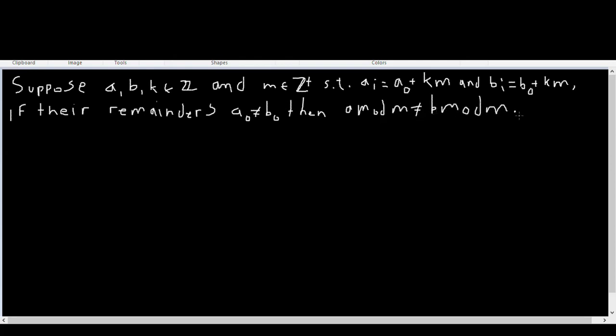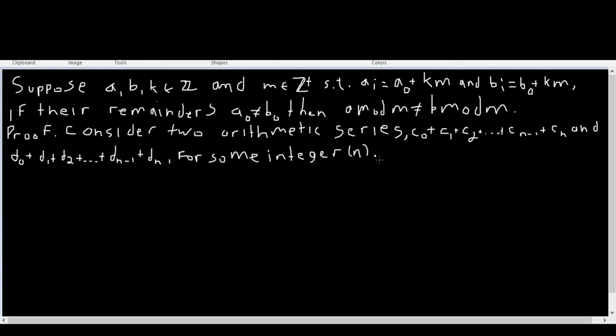So if their remainders do not equal each other, then A mod M can't equal B mod M. So let's do a proof.